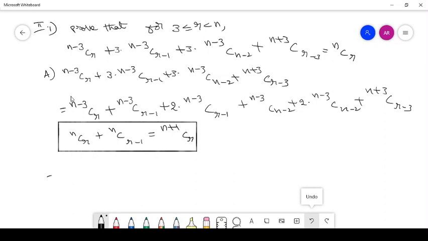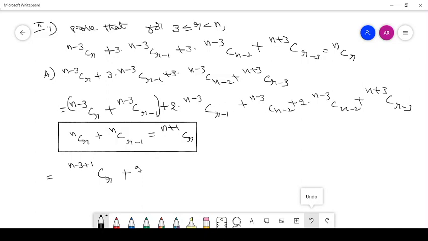First two terms, we use the result. n plus 1, that is n minus 3 plus 1 C r, here the value of r, plus these two terms having 2.